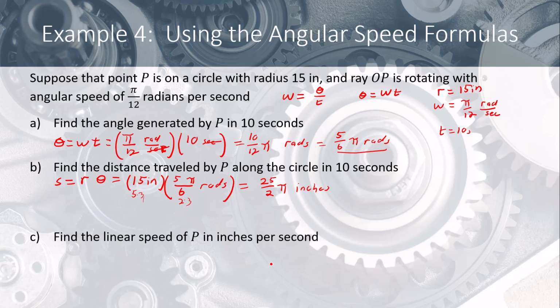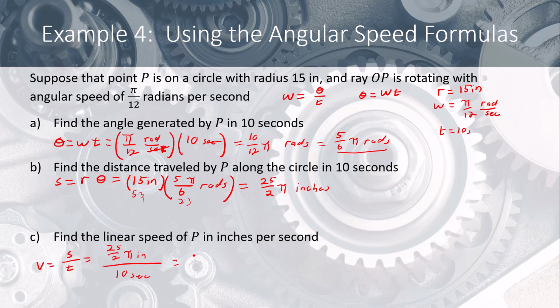Then for our final problem, we need to figure out what the linear speed is. This is the distance, s, which is 25 divided by 2 pi inches. t is the time, so our speed is equal to the distance traveled divided by the time it took. That is going to be 25 over 2 pi inches divided by 10 seconds.